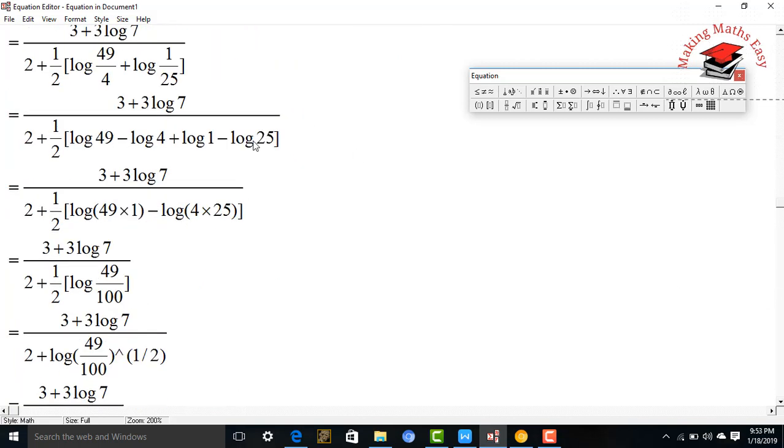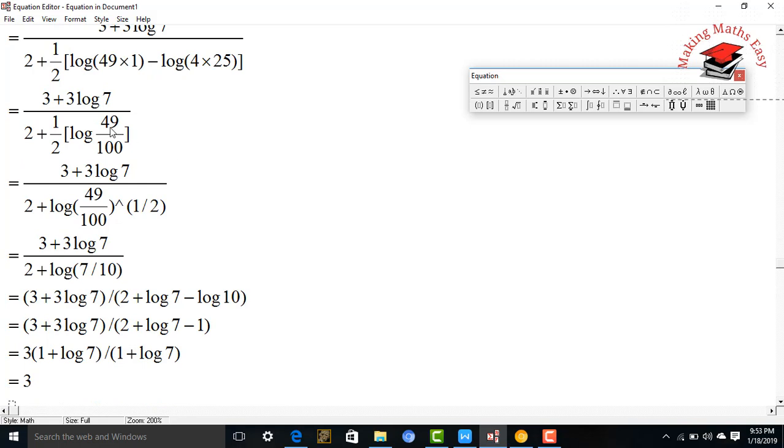After that, I have multiplied all the terms, as we know that log of a plus log of b is equal to log of a into b. So 49 into 1 minus log of 4 into 25, which becomes equal to log of 49 upon 100, and I have taken raised to 1 by 2.